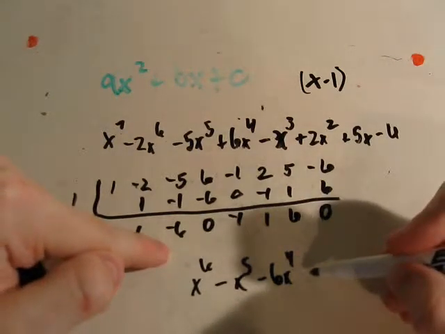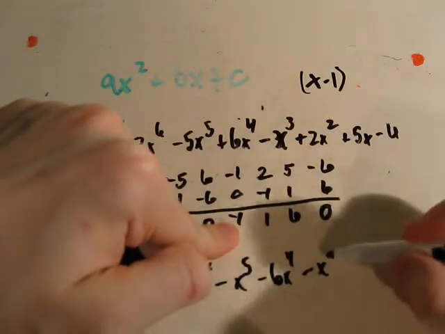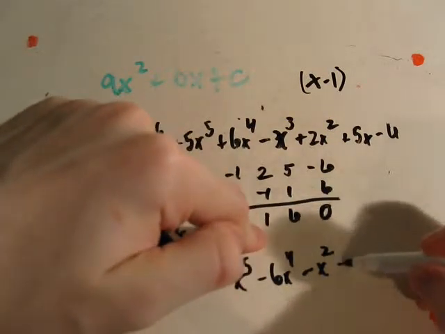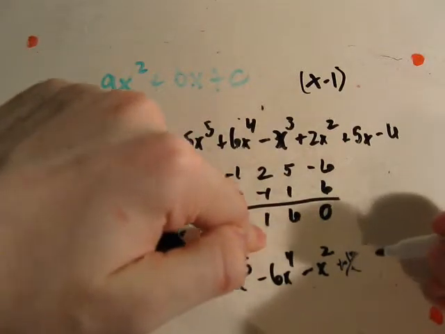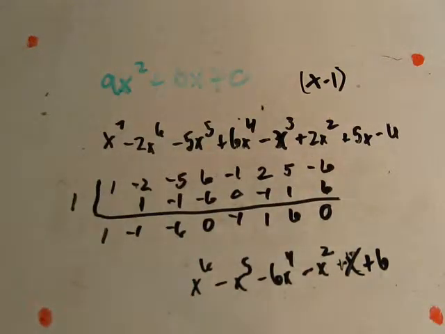There's no x to the 3rd, minus x squared plus x plus 6. And the remainder we don't need to write down.